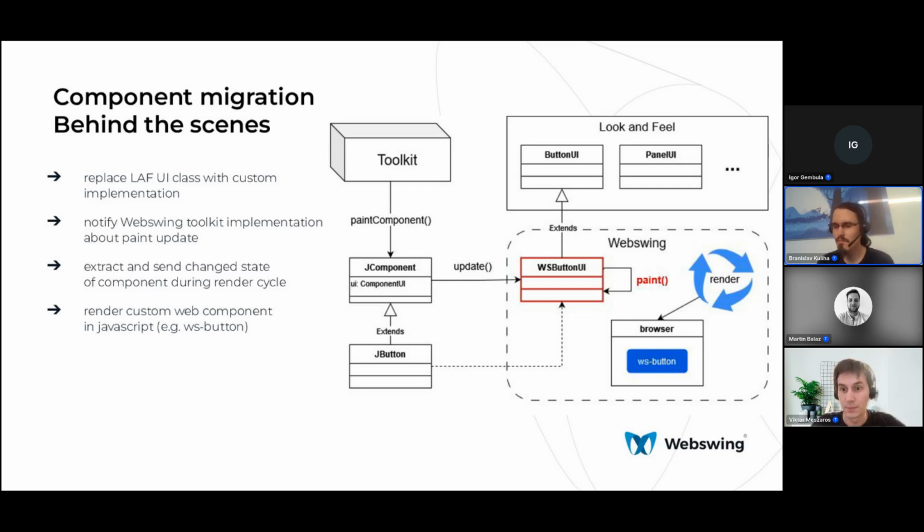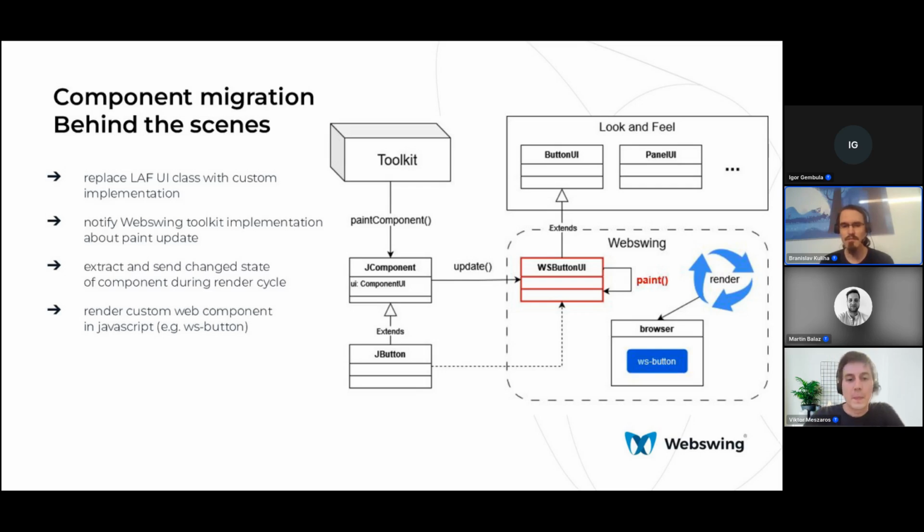And you can do this similar to how look and feel does it, because when you change the look and feel, it actually changes the UI class. So it's like a plug and play mode. In our implementation of the UI class, we can control the rendering process of the component, and in this process, we extract the state.